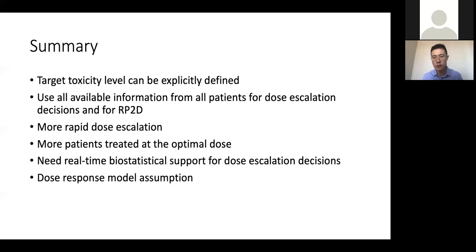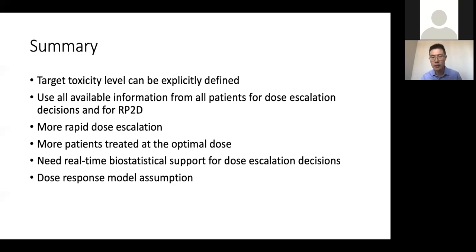And another important characteristic is that BCRM requires real-time biostatistical support for dose escalation decisions. So basically, for BCRM, there's no table as in 3+3, the BOIN design, or the mTPI. Each time you're going to make a dose escalation or de-escalation decision, we need to run through the BCRM algorithm, and then we can report to you the recommended dose level for the next patient cohort. Is this a good thing or a bad thing?